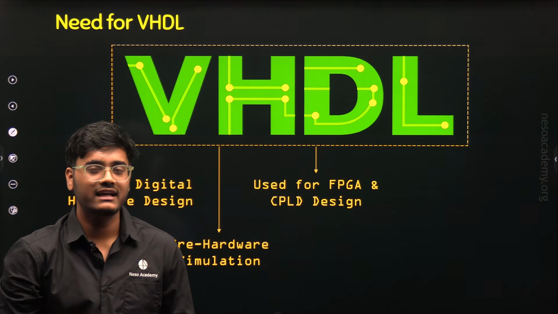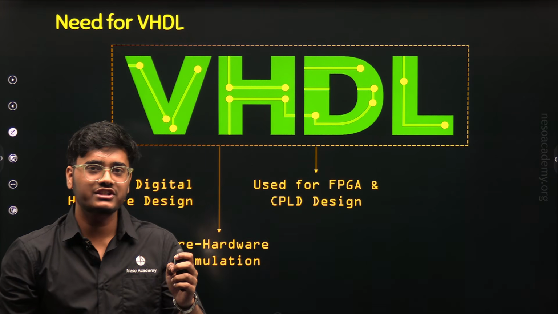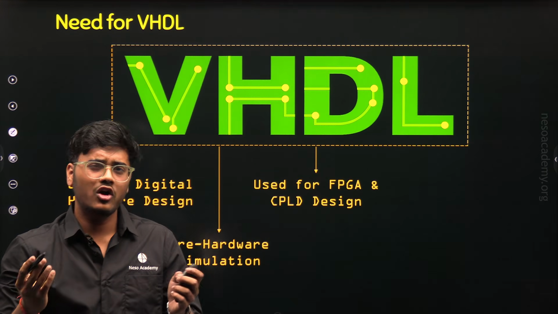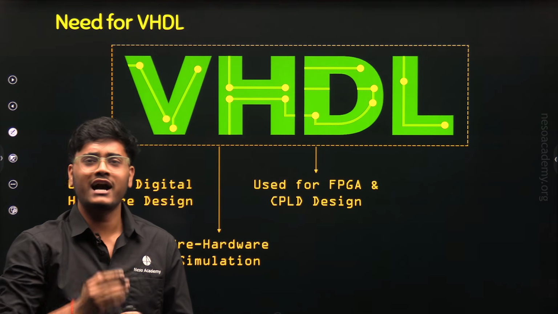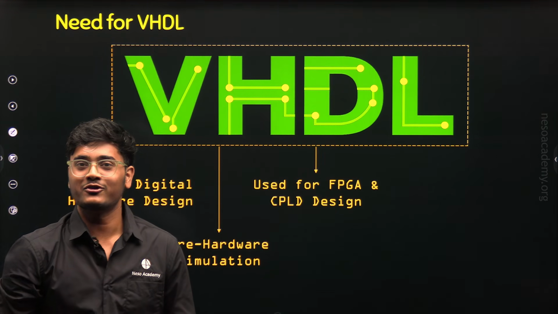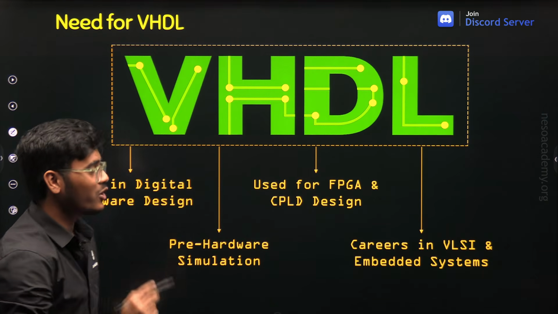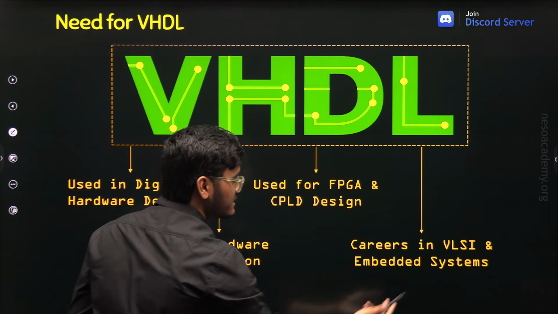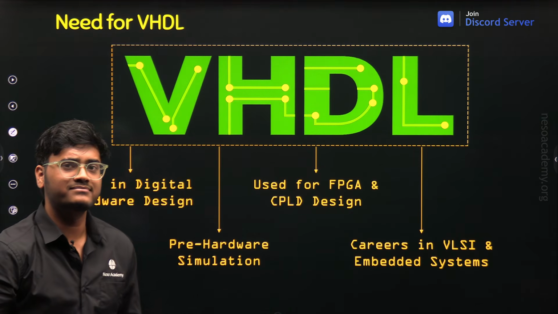Now, what does that mean? It means that multiple VHDL codes or multiple digital designs can be implemented or tested on the same hardware. Now, this is very useful for the industries. Therefore, learning VHDL is a very important skill in order to build a career in VLSI, embedded systems, and FPGA development.